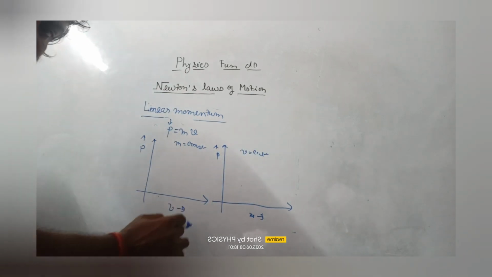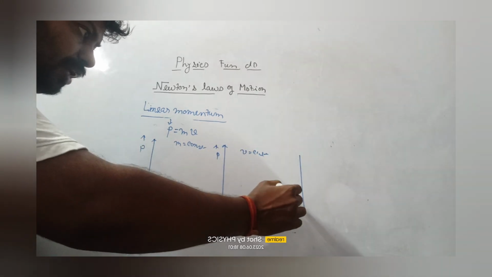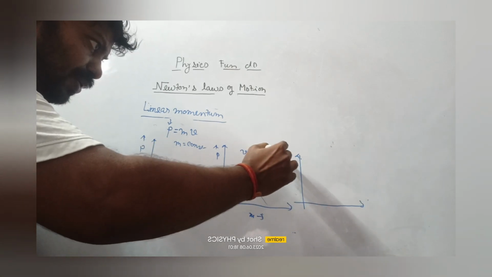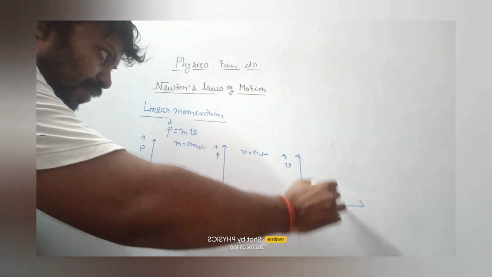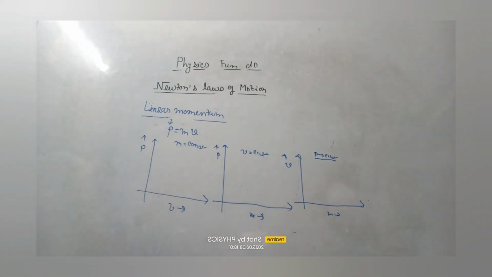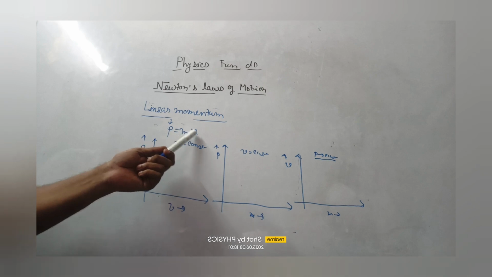And the third one, v versus m, where p is constant.